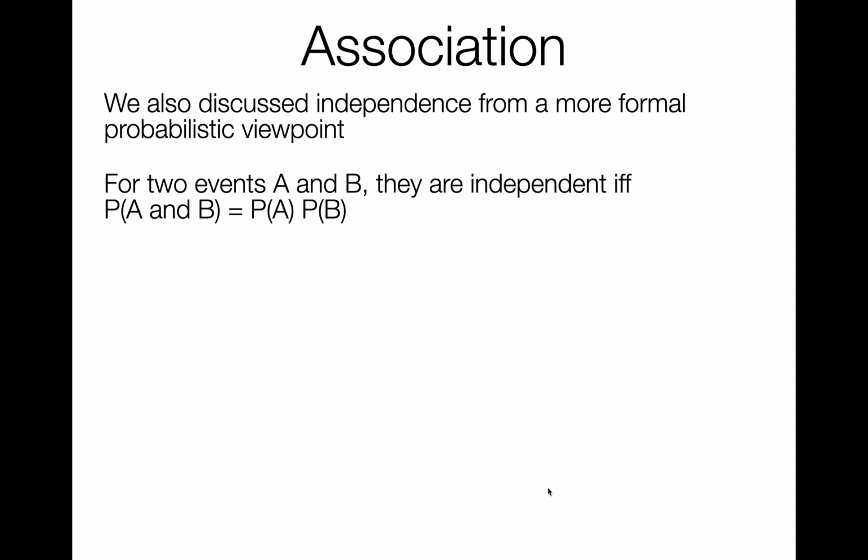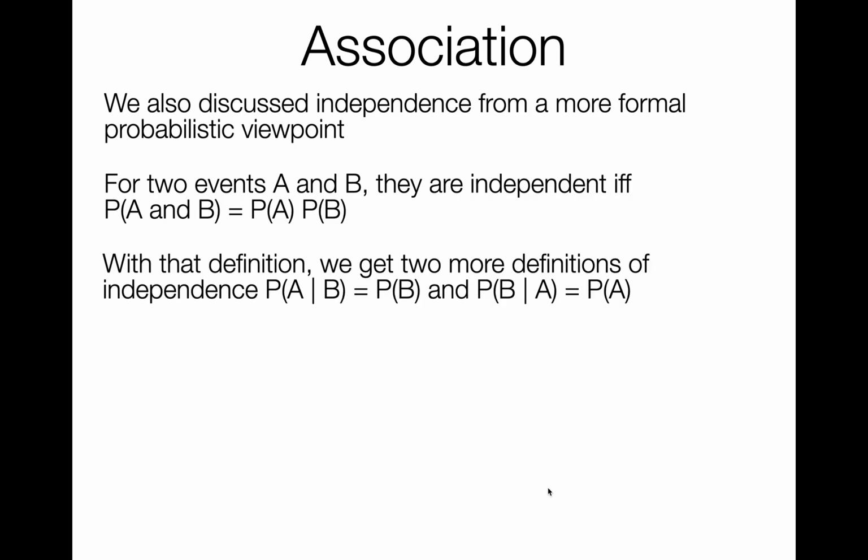So that's what we're going to call independence. With that, we can talk about conditional probabilities and other ways to satisfy independence: the probability of A given B is equal to the probability of A, and the probability of B given A is equal to the probability of B.